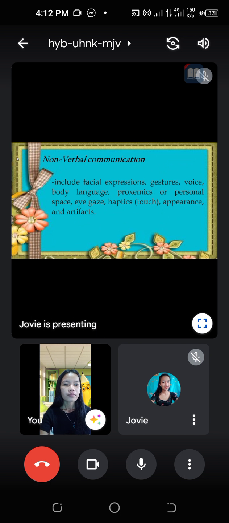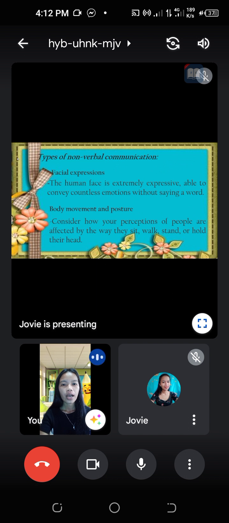Okay, we have here the types of nonverbal communication. First, we have facial expressions. The human face is extremely expressive, able to convey countless emotions without saying a word.